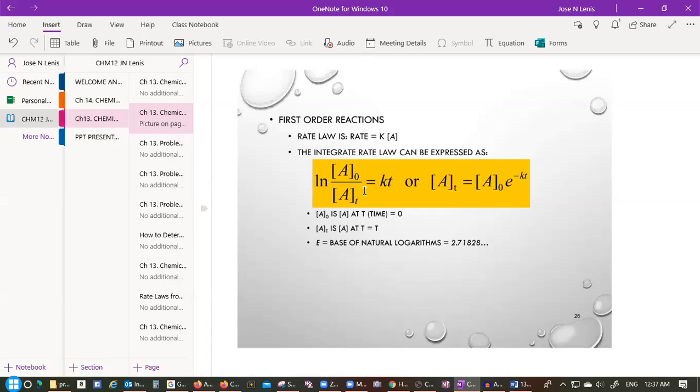You want to solve, for example, for concentration of A at time t, so you need to take this term out of this portion, because this is natural log of concentration of A at time 0 over concentration of A at time t. If you want to get this out, then you can use this relationship here.